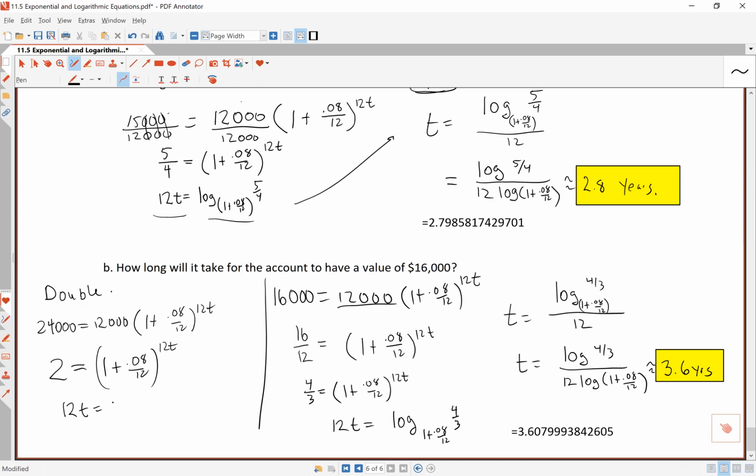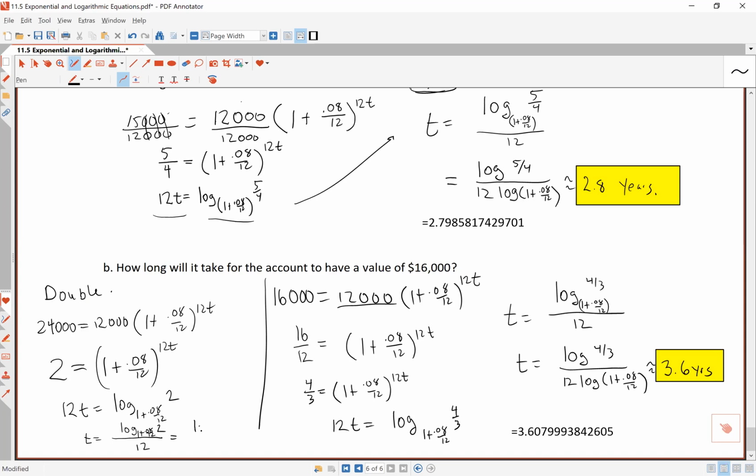So you get 12t equals the log base 1 plus 0.08 divided by 12 of 2, or t equals log base 1 plus 0.08 divided by 12 of 2, divided by 12.